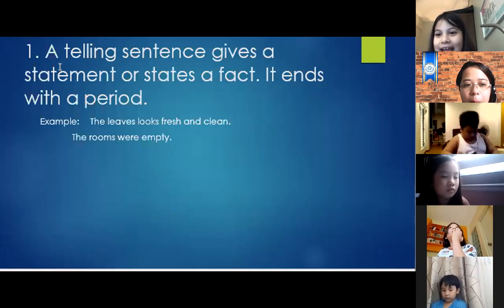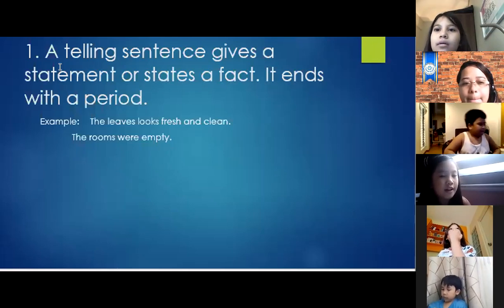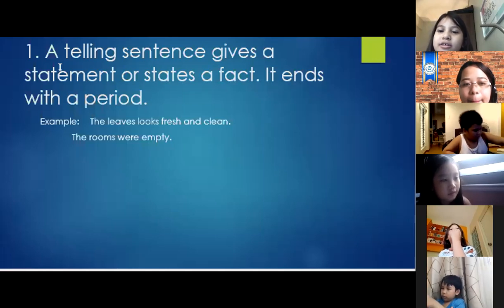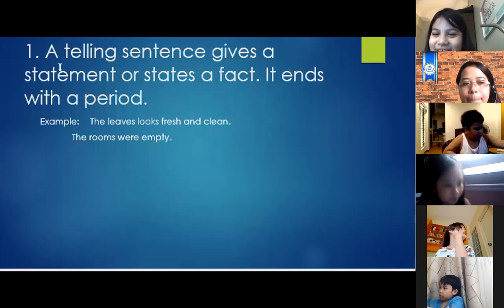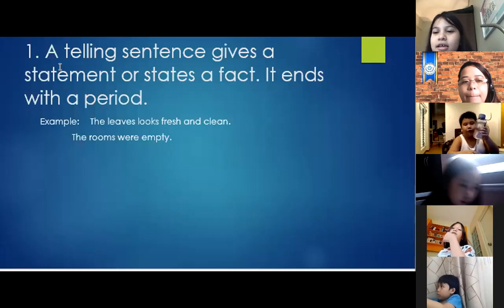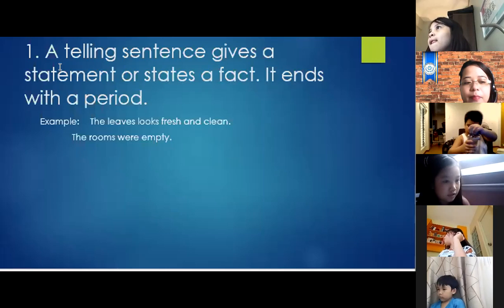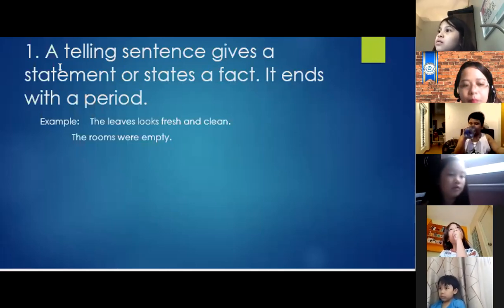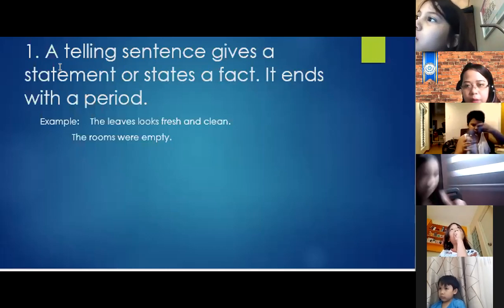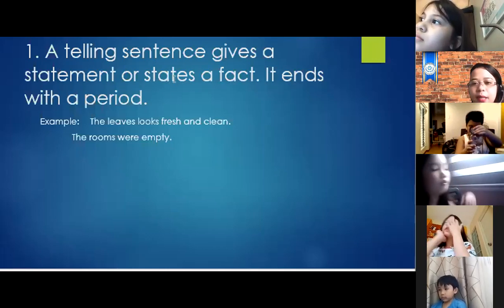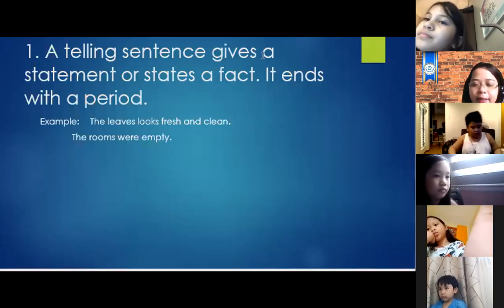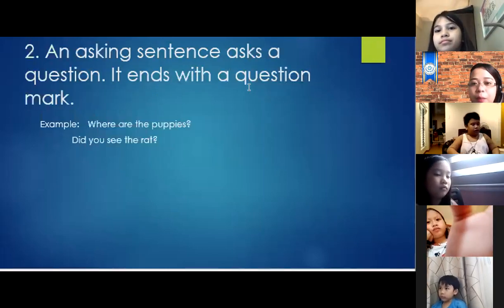The water bottle is full. My room is clean. Okay, so those are telling sentences. They give a statement or state a fact, and they end with a period.